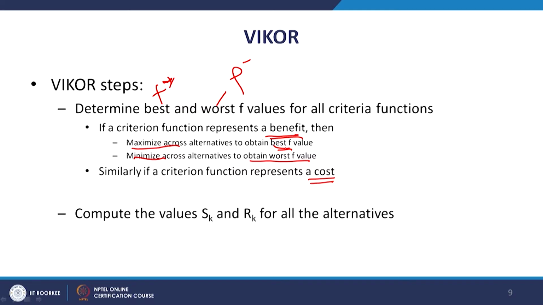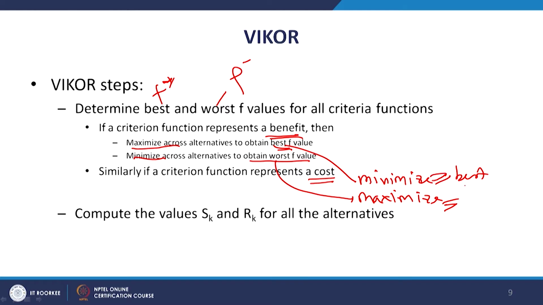So the best F value would be obtained through minimization, and the worst value would be through maximization. If the cost is on the higher side, that represents a worst scenario, and if the cost is on the lower side, that represents the best scenario. So, depending on whether the criterion is benefit or cost, we would be doing it accordingly.